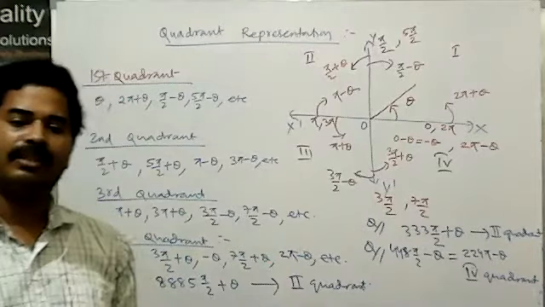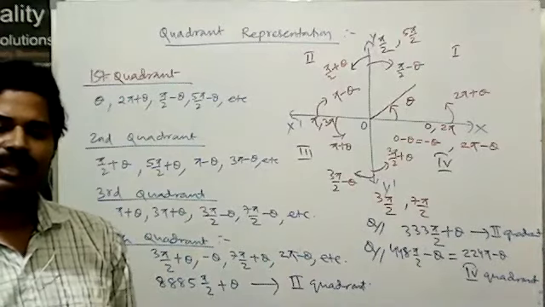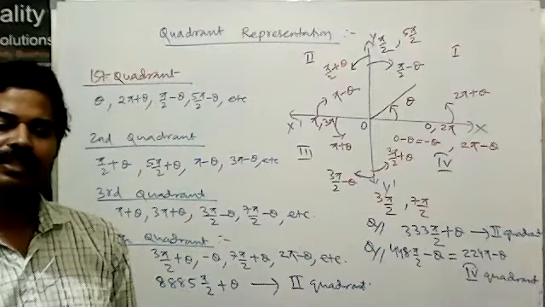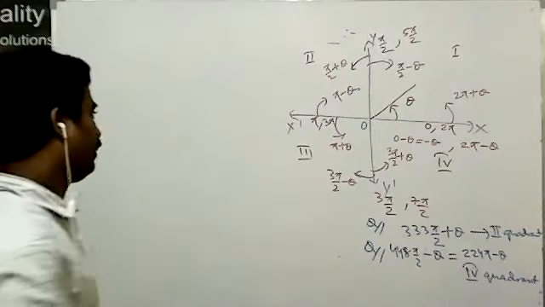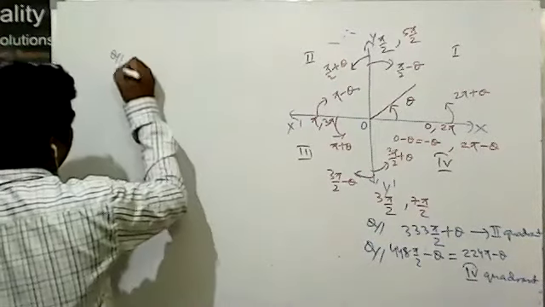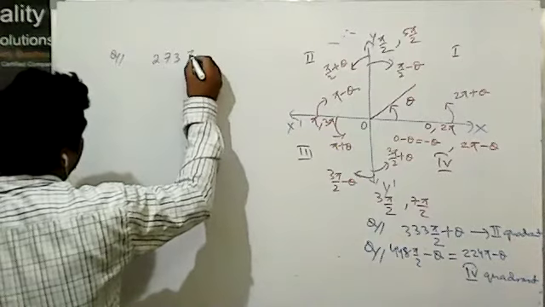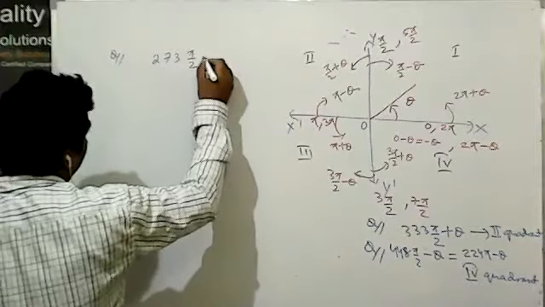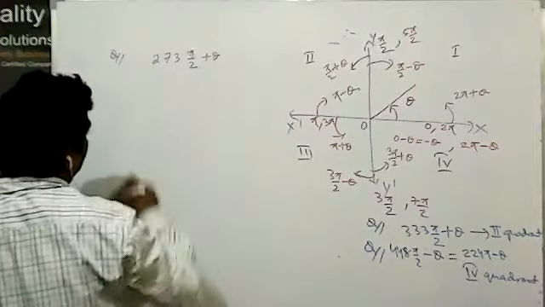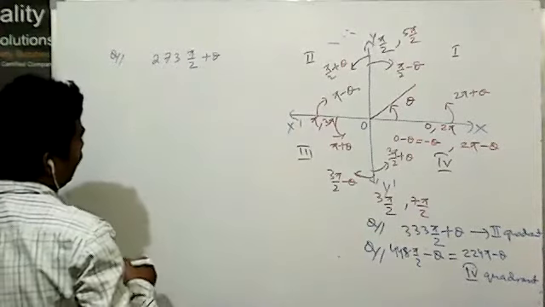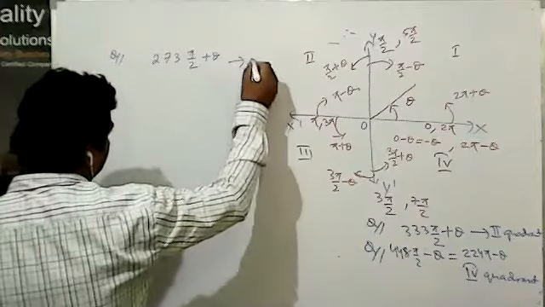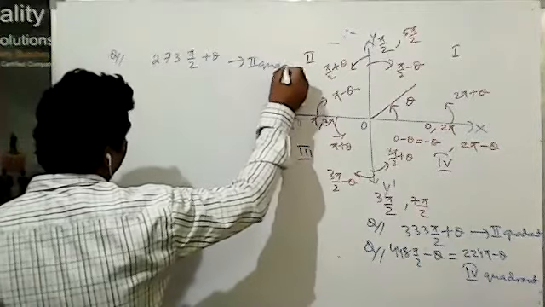Similarly, you can find different angles in different quadrants. One more question: suppose 273 pi by 2 plus theta. Here the remainder is 1, plus theta, so that is the second quadrant.